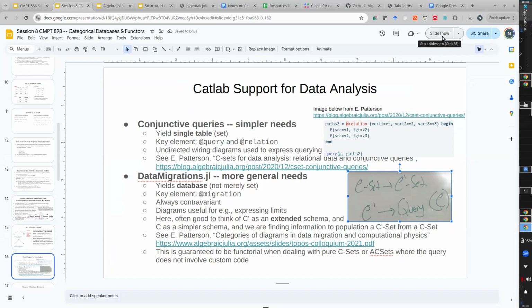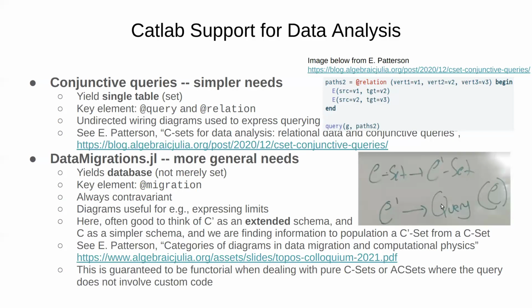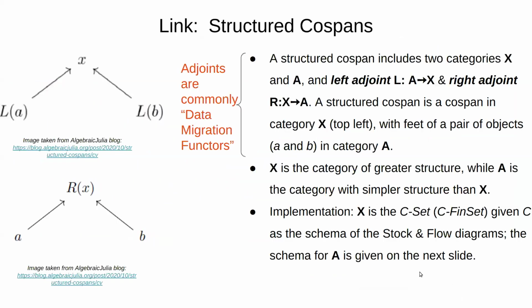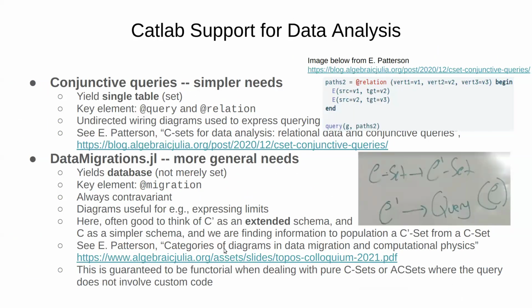So each object here is going to turn into a whole query that tells how to collect the information needed for that object, how to get the goodies for that object, how to gather them from this other data set.